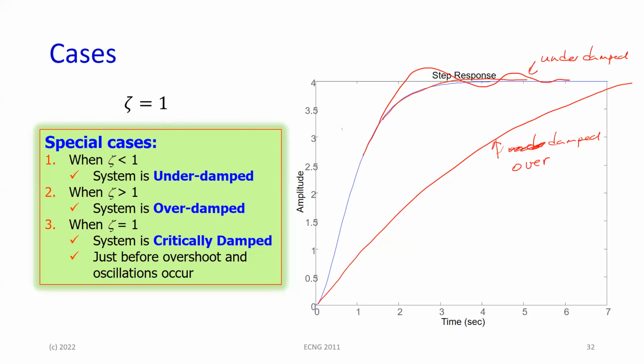Overdamped is when it's responding, but the transient stage is very long, and then it eventually settles down. Critically damped is when it starts to behave like a first order step response, with barely a hint of overshoot, and it's settling down. Okay.